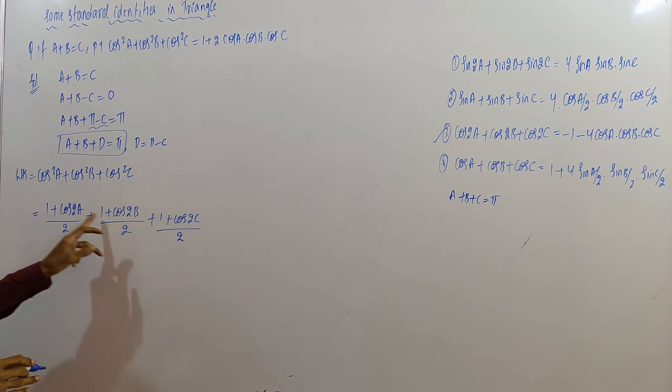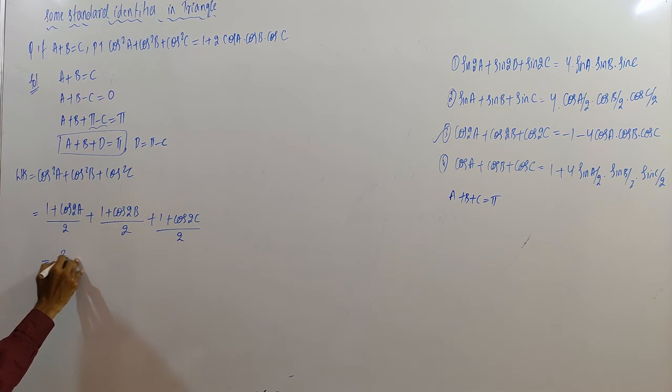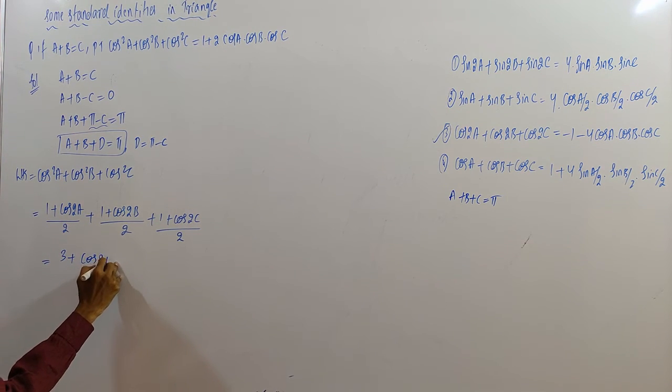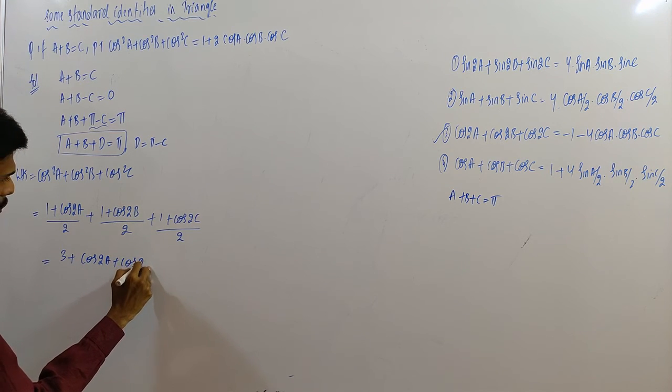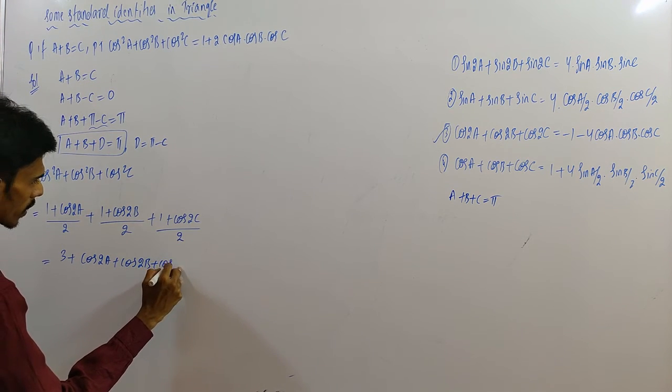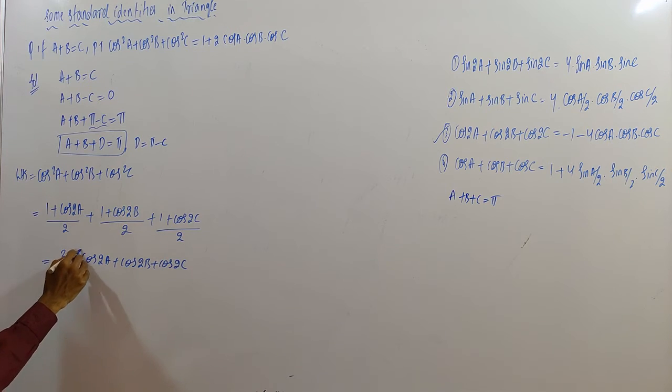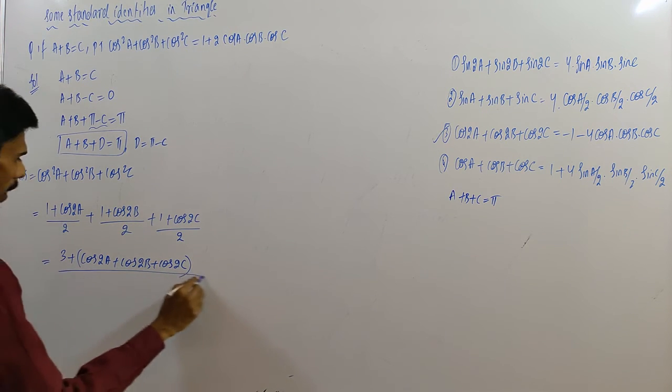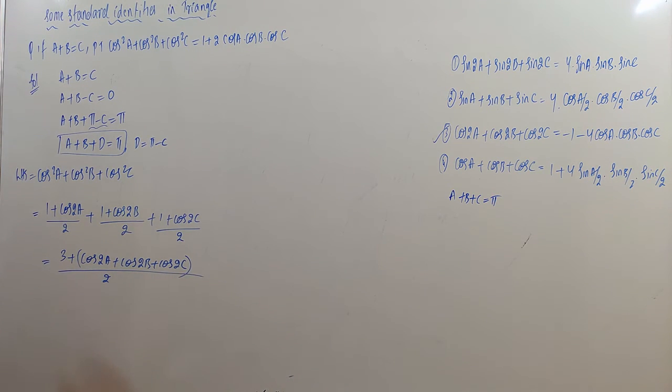Take LCM, we have 1 plus 1 plus 1, 3. 3 plus cos 2A plus cos 2B plus cos 2C divided by 2. Here we have a relation between A, B and D, not with C.